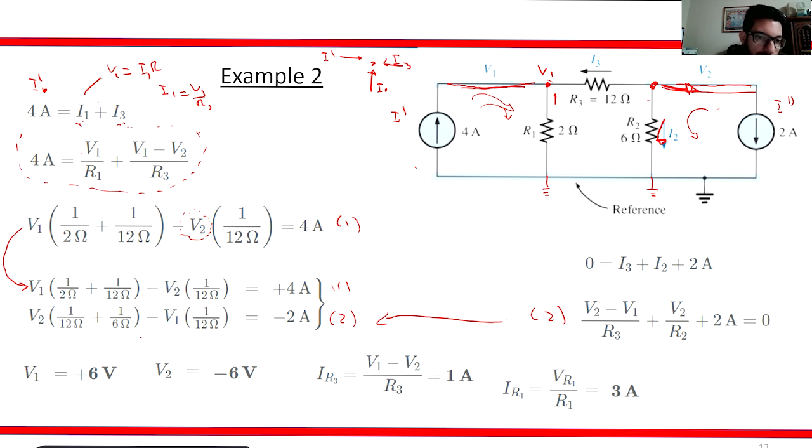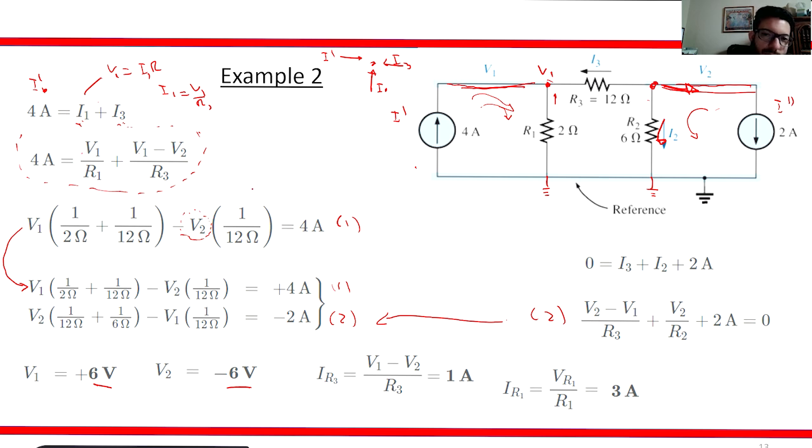And simply solving this equation, you can use your calculator or Excel or whatever, just use pencil, and you have V1 equals 6 volts, V2 is negative 6 volts. Since we have the voltages V1 and V2, we can find the currents by just plugging in V1 and V2.